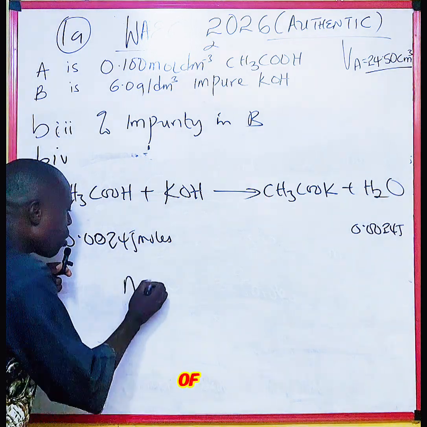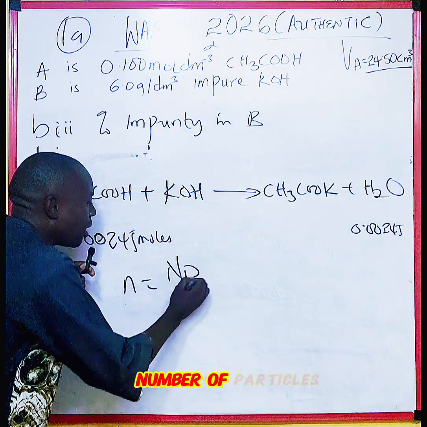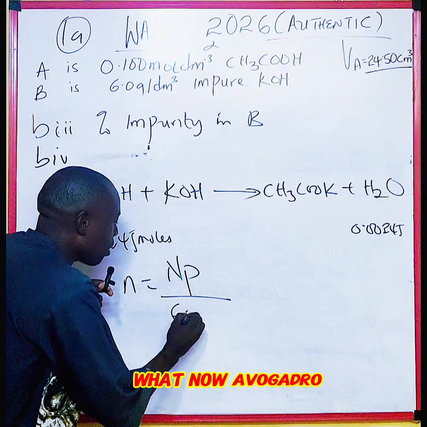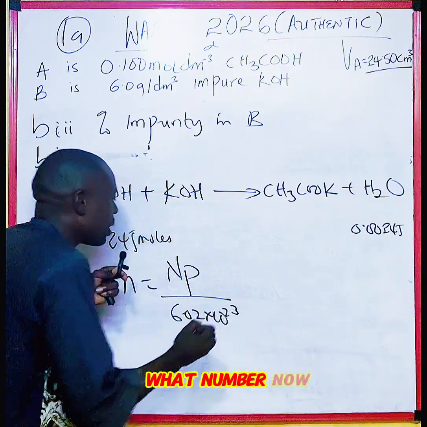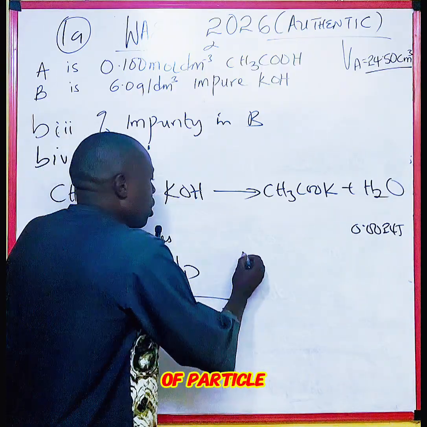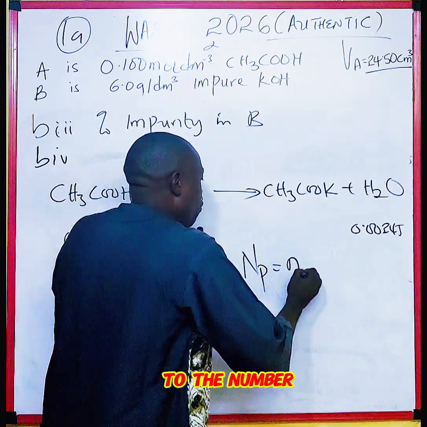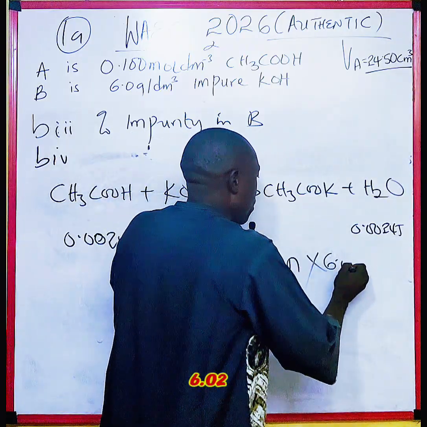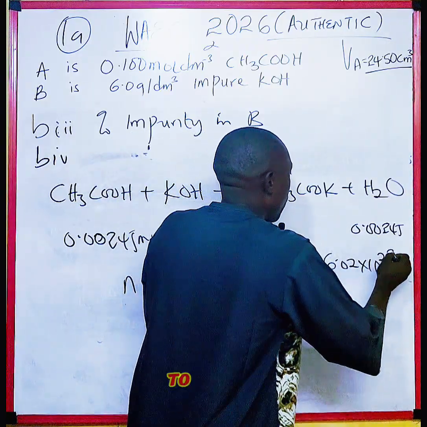So what do we now do? Remember that the number of moles is equal to the number of particles over Avogadro's number. Since I'm looking for the number of particles, the number of particles is equal to the number of moles multiplied by 6.02 times 10 raised to 23.